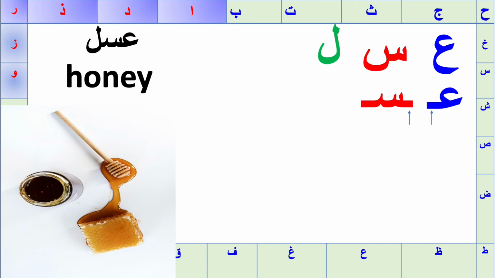The sin will extend at both sides, to the right and to the left. Then the lam will extend to the right to join the sin. So we get an extension here. The written form will be like this: asal, meaning honey.